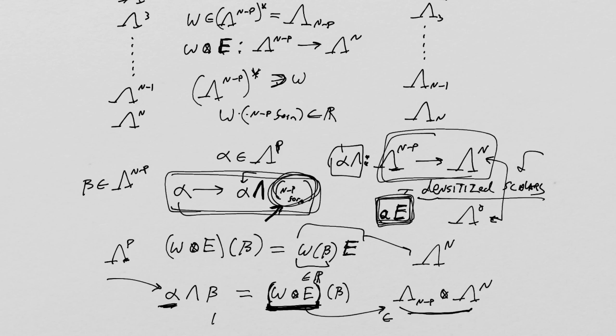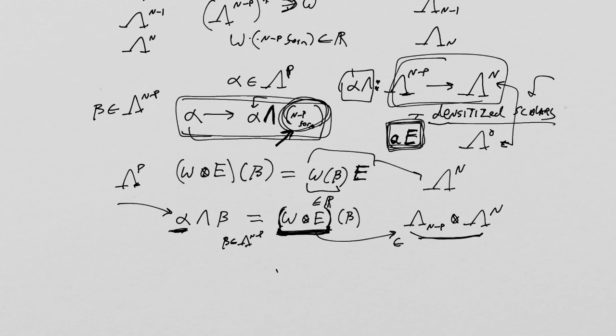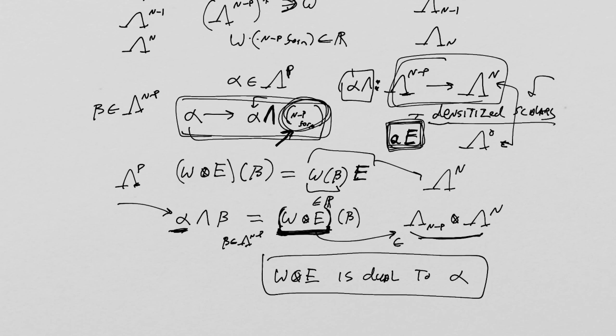I'll remind you that beta is an element of lambda n minus p. And in that sense, we will say that omega tensor product E is dual to alpha. So that's another form of duality.